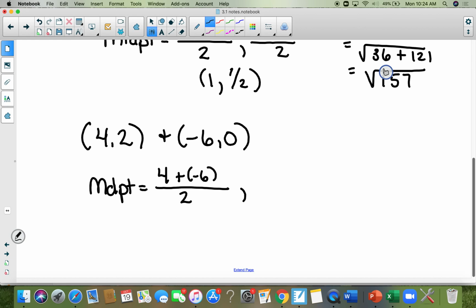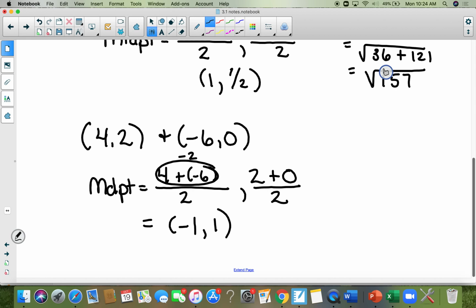To find the midpoint of your y's, you add the y's and divide by 2. You are going to get -2 divided by 2, you're going to get -1, 1 for your midpoint.